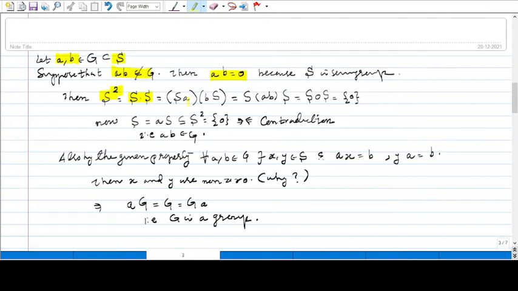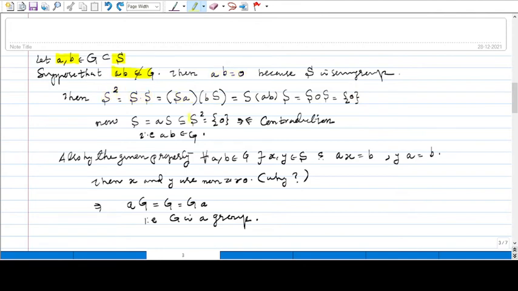So S equals SA. The second S can be replaced by BS. Now using the associative property, you can verify it clearly. I'm not going to do this. It is actually true. So in the associative property, you can write S(AB)S. AB is 0, that means it is the singleton set 0. So S square is the singleton set 0.